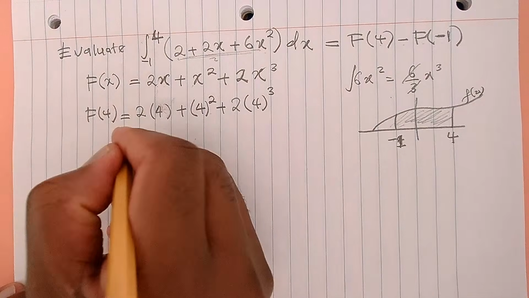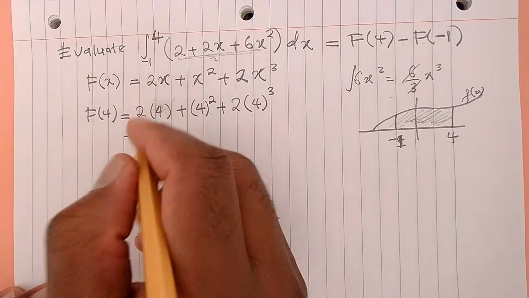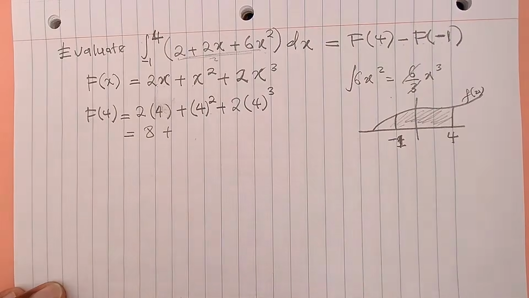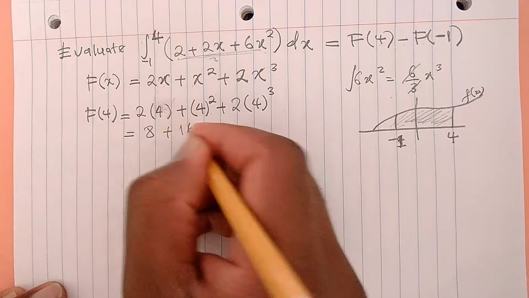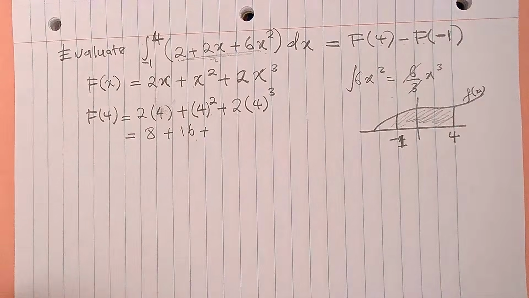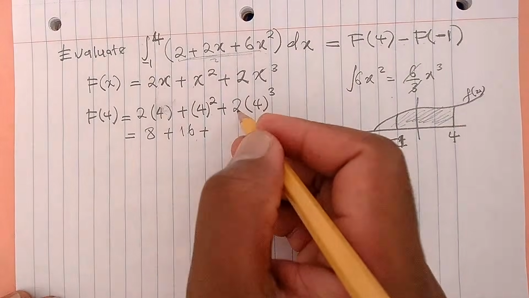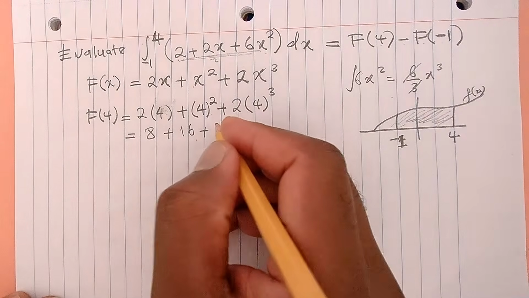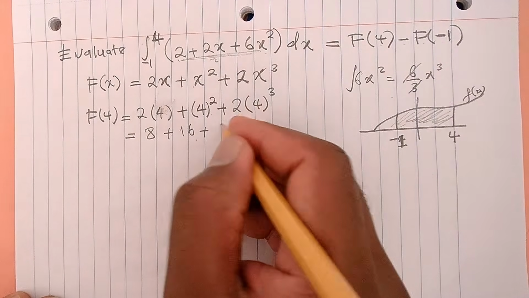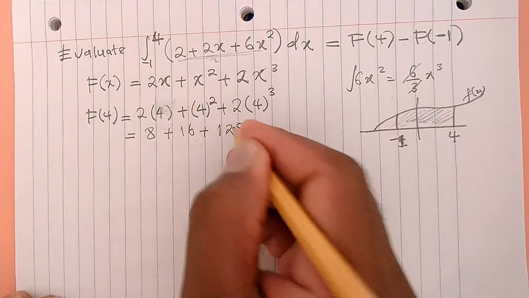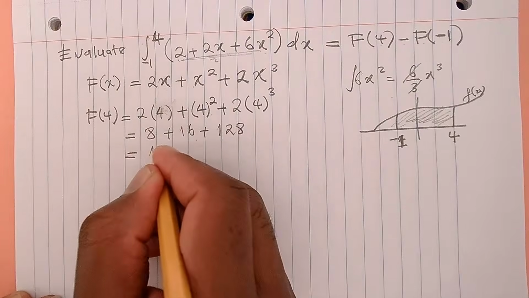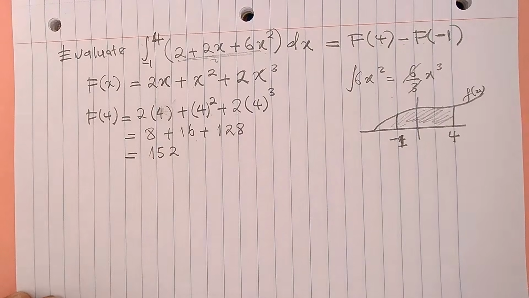When you do your math properly you should get 2 multiplied by 4 is 8, plus 4 squared is 16, then 4 to the power 3, that is 4 multiplied by 4 multiplied by 4, multiplied by 2, which is 128. You can use a calculator here. This becomes 152.